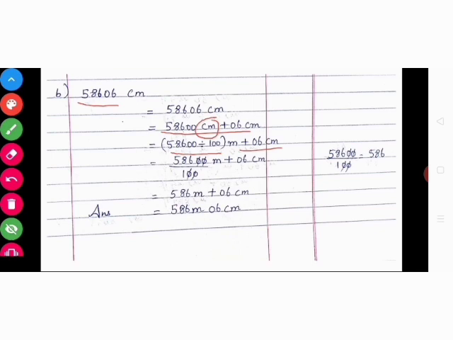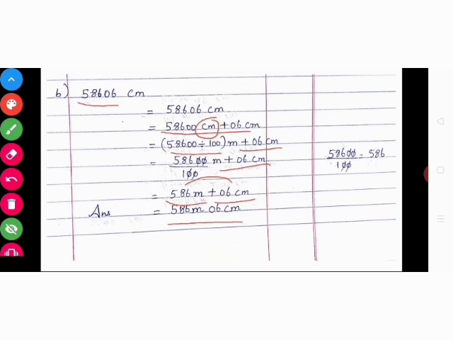So 600 divided by 100, what is your answer? 6 meter. Then this 6 centimeter, as such, write it down. So these two terms you want to add. Your answer is 6 meter and then 6 centimeter. Okay, children.